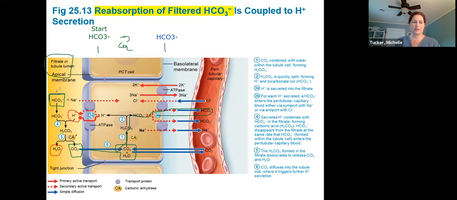So we start with a bicarbonate in the filtrate. We end up with a bicarbonate in the peritubular capillary. So we have reclaimed one bicarbonate that would have been excreted. We've saved it. At first glance, it looks like, cool, we have secreted a hydrogen ion and we can get rid of that.